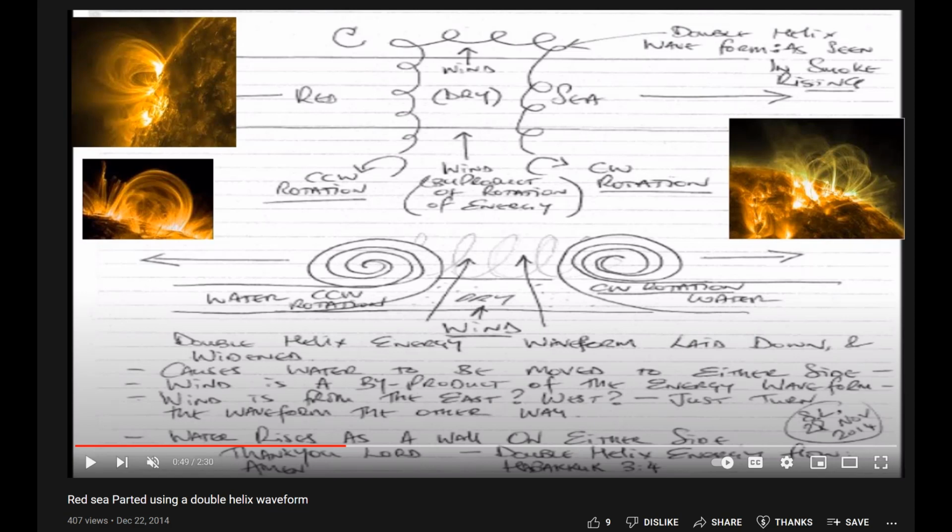This should be coming down because it's coming from God, so it would be coming from above to part the sea. And basically it says at the top there, double helix waveform seen in smoke rising, which is vortex to wave, vortex to wave, vortex to wave. So this is done with a double helix vortex to wave.